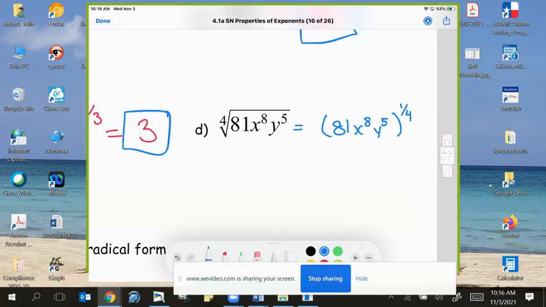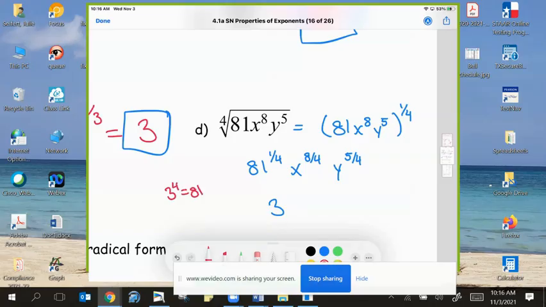Now splitting this up into pieces, that's 81 to the 1/4 power, x to the power of 8 over 4 and y to the power of 5 over 4. 81 to the 1/4 power is 3, because 3 to the power of 4 is 81.